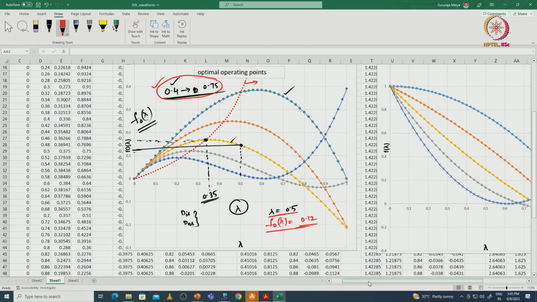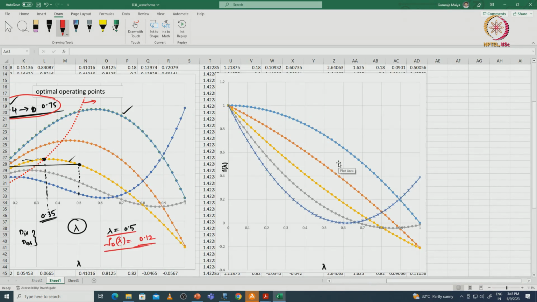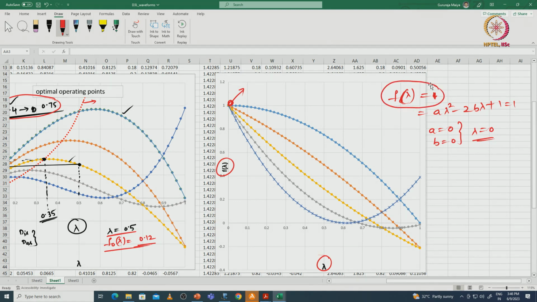Similarly, on the other side we can see the f of lambda versus lambda function, the copper function with respect to lambda. If the f of lambda function is equal to 1, what will happen at this particular point? f of lambda equals 1 means a lambda square minus 2b lambda plus 1 equals 1, that means a equals 0 and b equals 0, or we can say lambda equals 0, which is also fine to attain f of lambda equals 1.